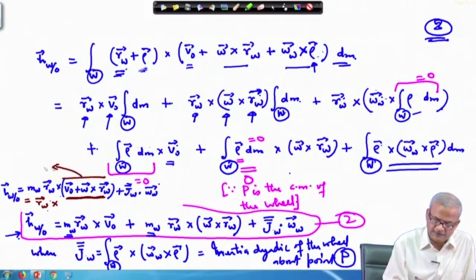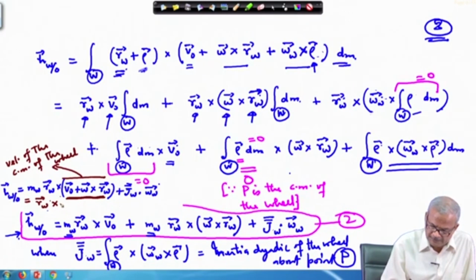So, this is the velocity of the center of mass of the wheel, and therefore, we can write this quantity here as the velocity of the center of mass of the wheel, and together with we multiply by m_W.